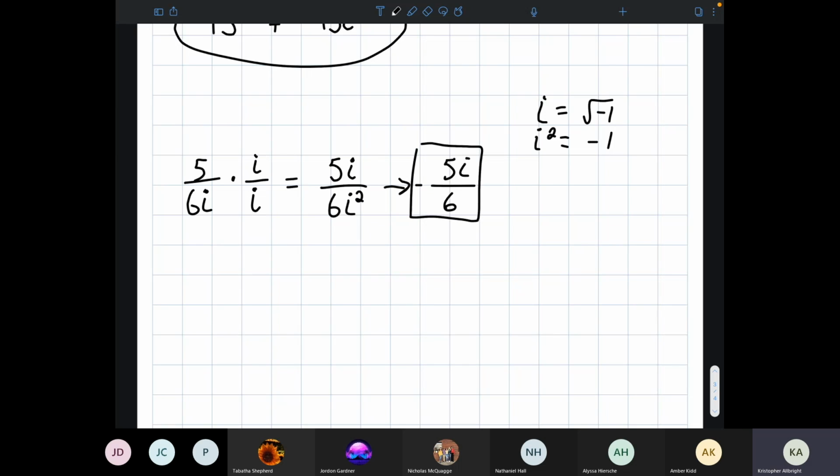Okay, so number 7 or number 8? No, you don't have to. Okay. What is the modulus of a complex number?